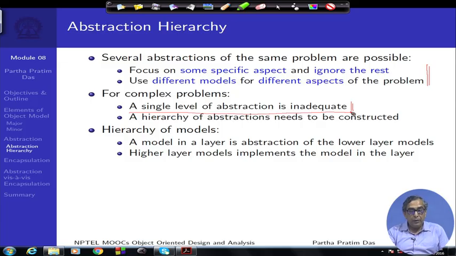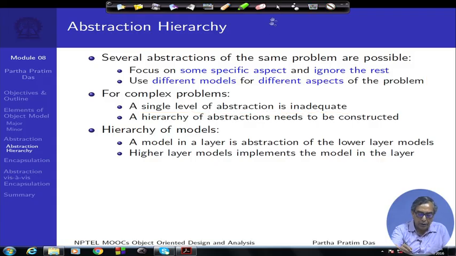So, what you do is you resort to the concept of hierarchical abstraction, that is, you try to model a layer in abstraction and you model that using the abstractions of the lower layer, combining the abstractions of the lower layer. Then the layer that you have modeled will be used, will be implemented in terms of the higher layer of abstraction. In this process, you create a hierarchy of abstractions for the whole system.